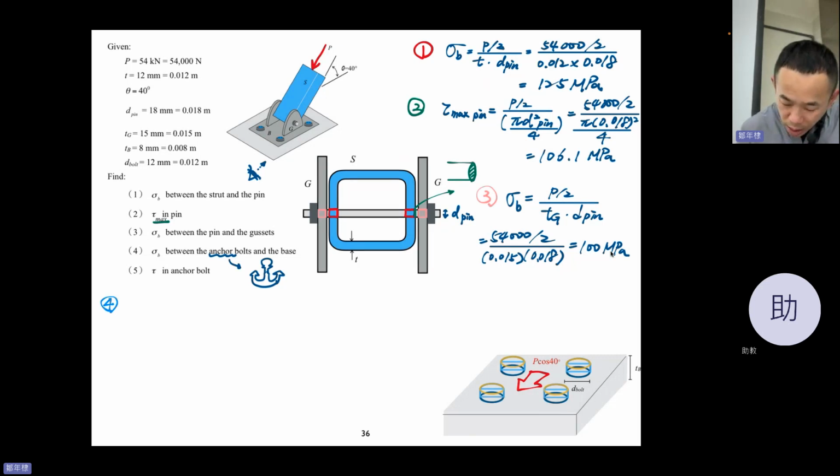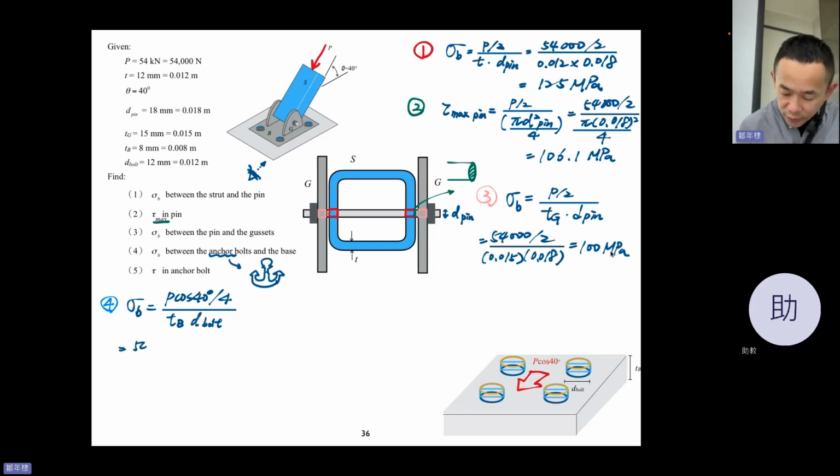Okay, so sigma b, the bearing stress on those 4 areas, is p cosine 40 degree, and we have 4, right? So share this p cosine 40 degree, and then the area will be t_b times d_bolt. Okay, d_bolt.